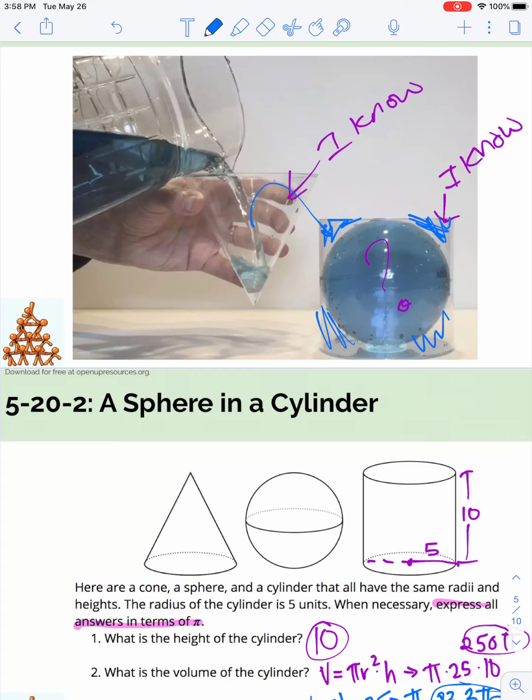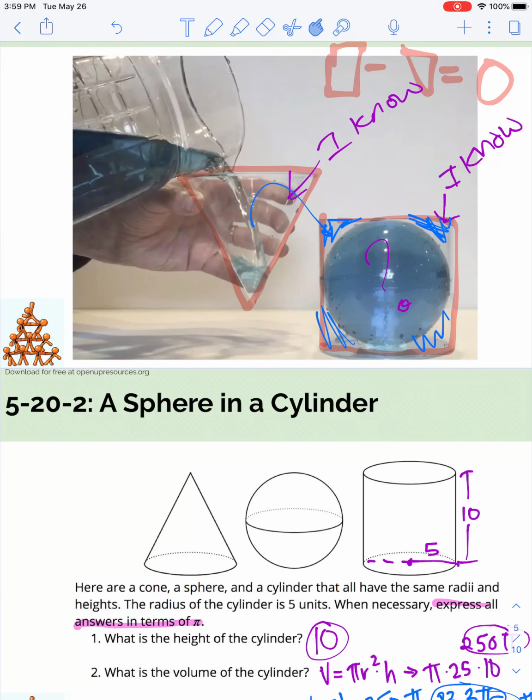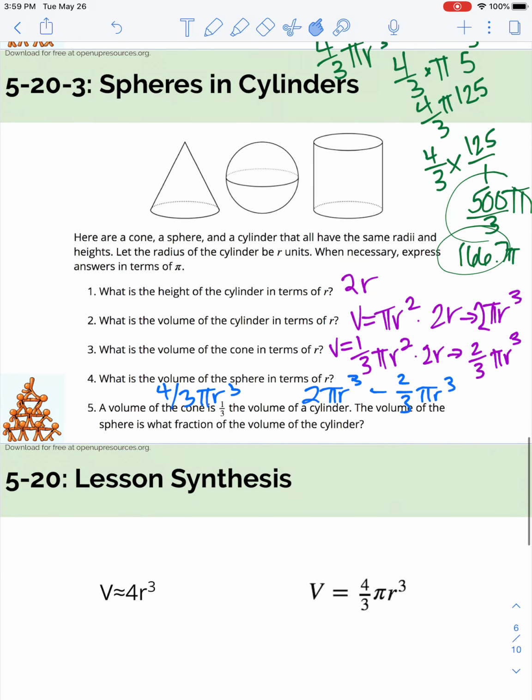And what ends up happening is that if you subtract the difference between your cylinder, which is this thing I'm highlighting in red, and your cone, this thing, cylinder minus cone, you get the sphere. So they just wanted to show you that's where that formula came from. I hope that makes sense. This is just really difficult stuff to understand and to explain, especially when we're not actually in class.